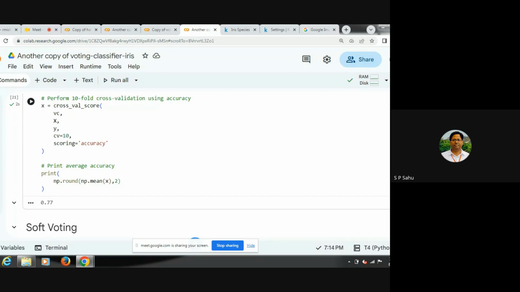However, in soft voting, it forgets about what each model is predicting as a category. It calculates how many values we have received for class 0. Let us say model 1 is giving 0.2, model 2 is giving 0.7, model 3 is giving 0.4, model 5 is giving 0.6.